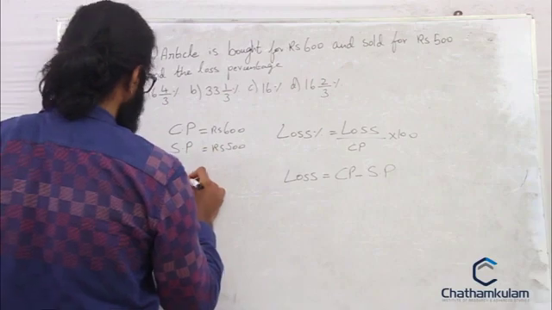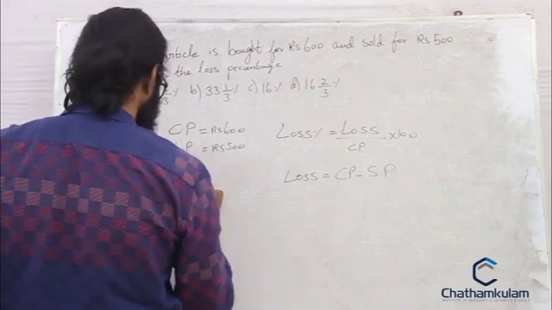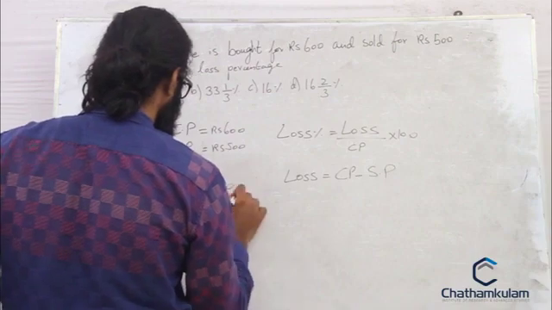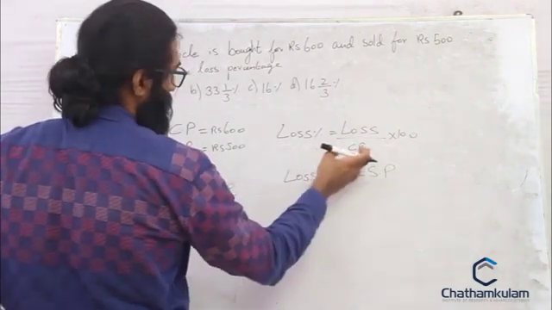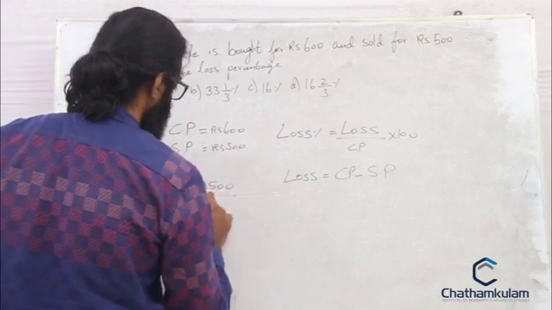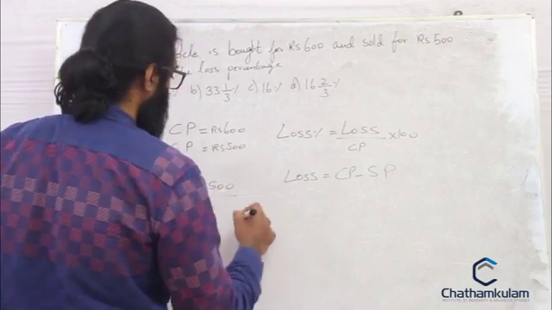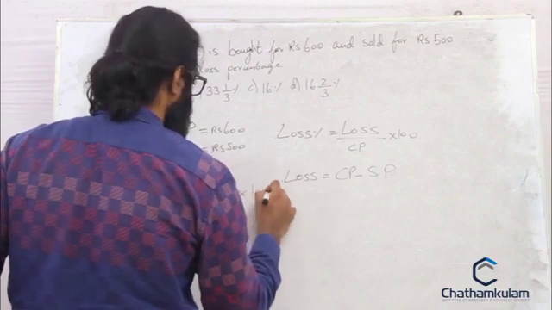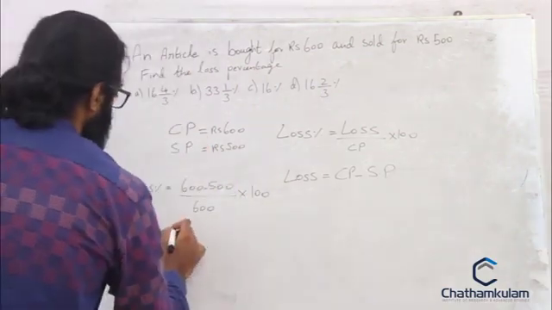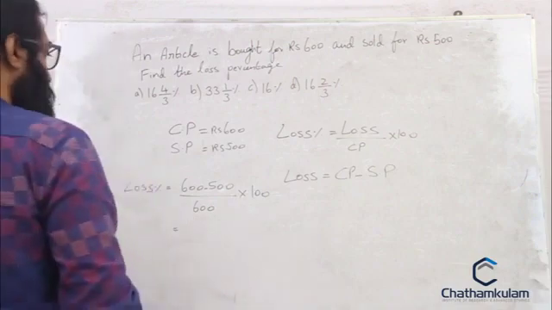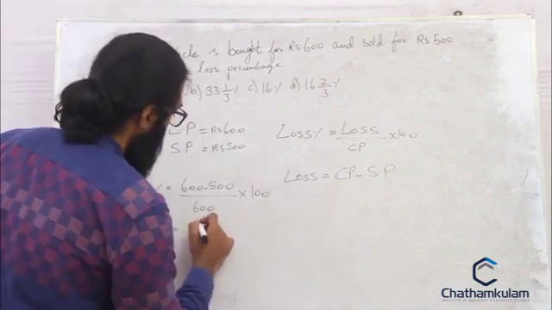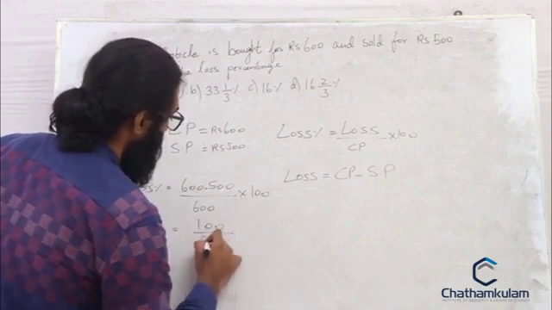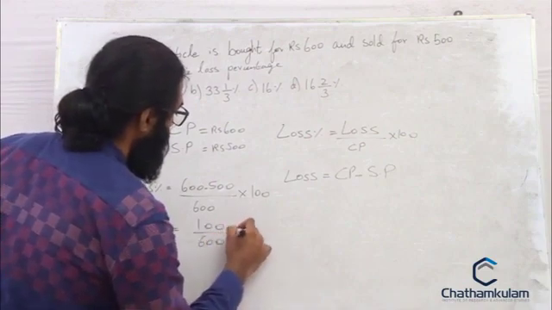So 600 minus 500 divided by, what is CP here? It's 600. 600 into 100. Right. Equals 600 minus 500 is 100 divided by 600 into 100.